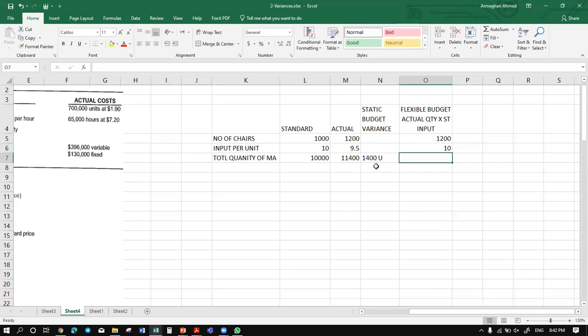If I produce 1200 chairs and each chair requires 10 square foot, we would be using 12,000 square foot of material. So under flexible budget we would use 12,000 square foot, but in actual you are using 11,000.